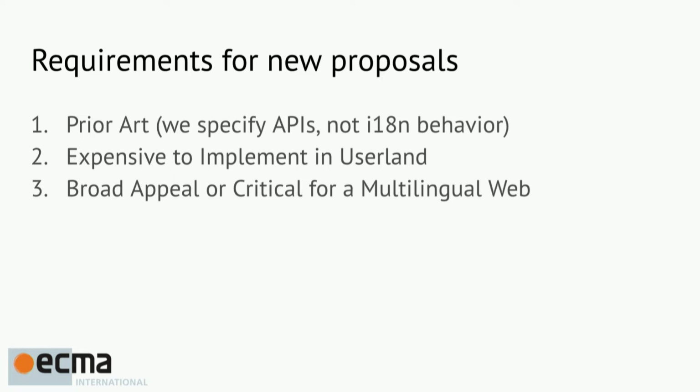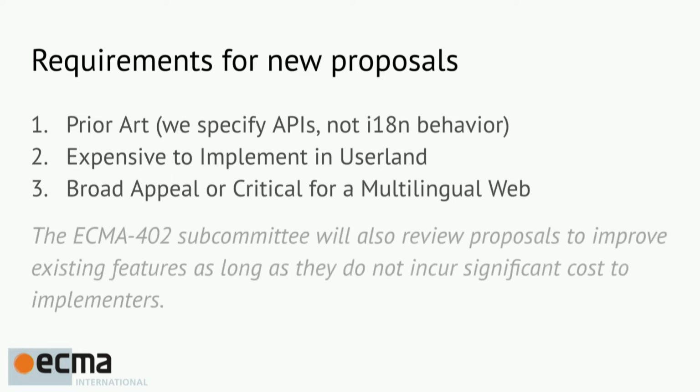Critical for a multilingual web is basically the bucket that will contain other things that we consider important to implement, even if they don't have very broad appeal. They're still important to implement to have a great international experience for all the users around the world.